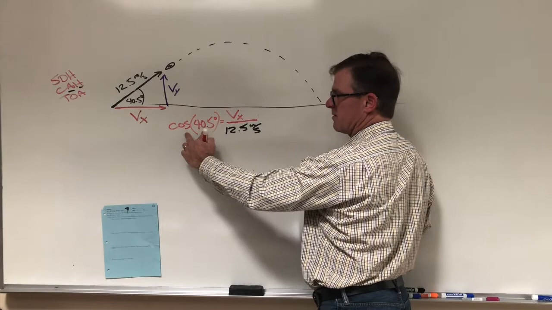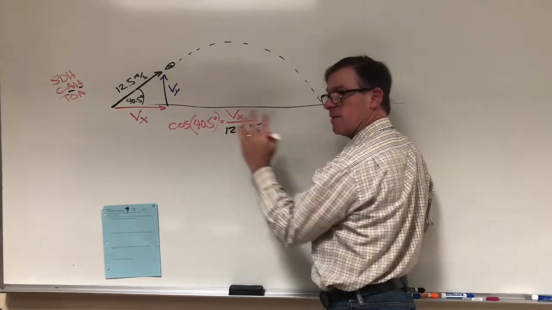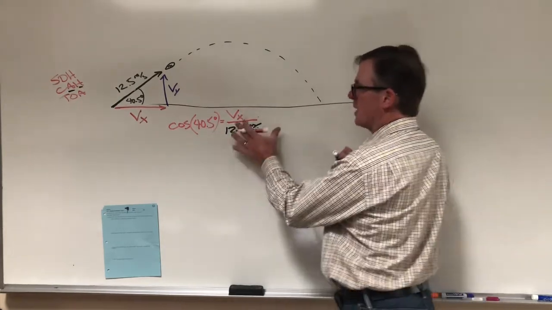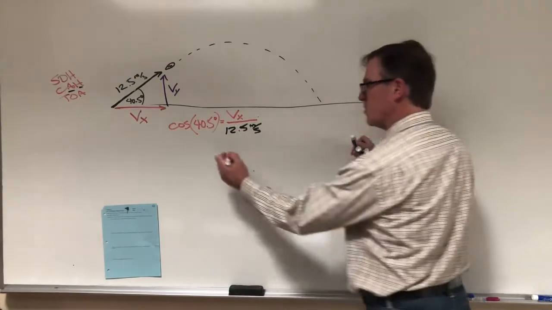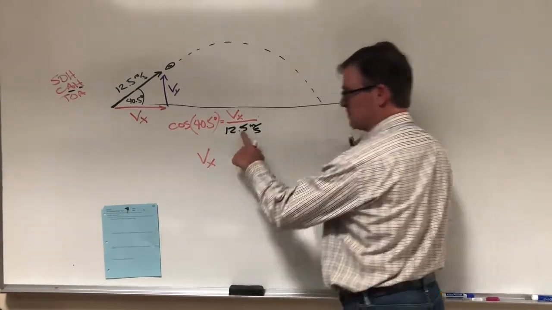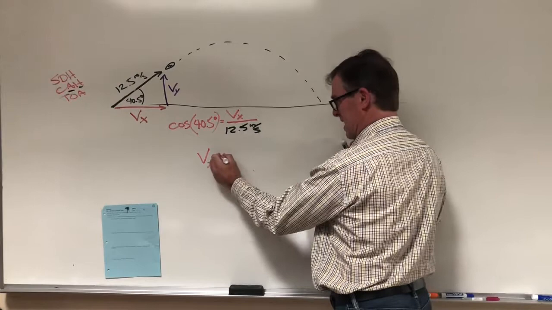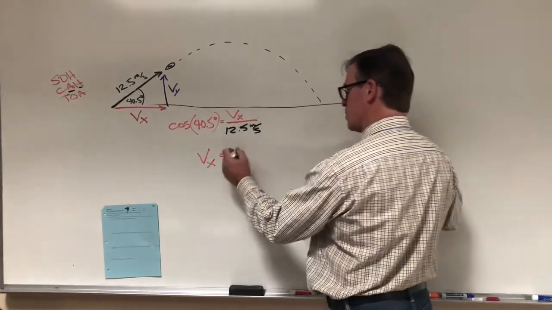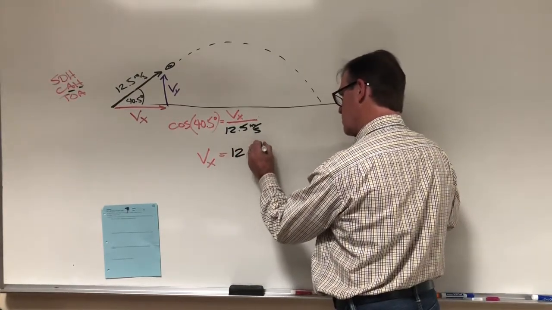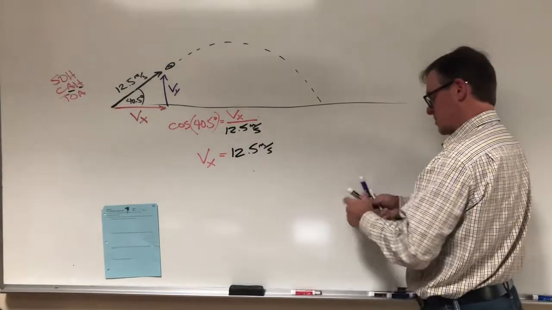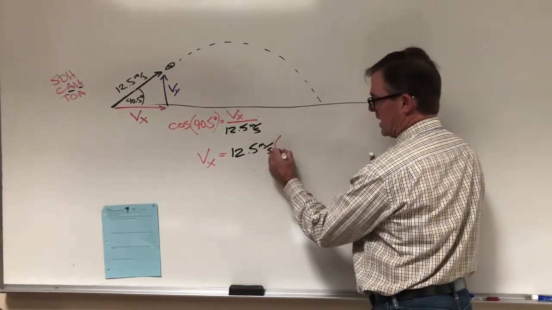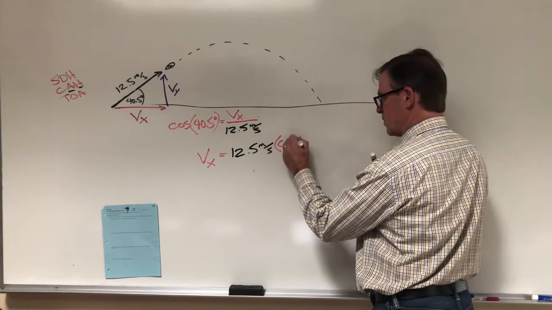You can calculate the value of cosine 40.5 quickly with a calculator. But we can solve this for Vx. And when we do, we multiply both sides by the denominator, and we get Vx equals 12.5 meters per second times the cosine of 40.5 degrees.